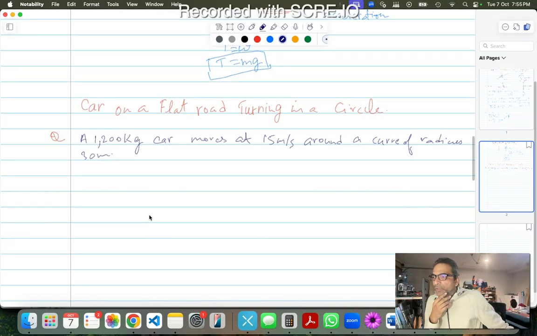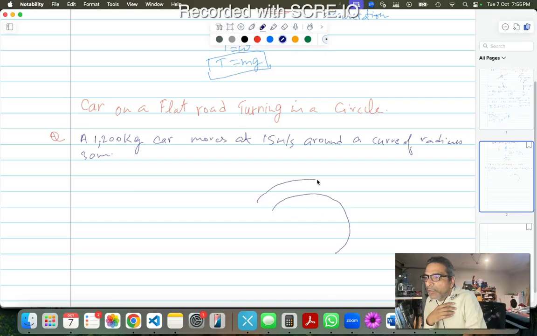So something like this, if there is a path, let's try to draw. This is the radius, 30 meter.